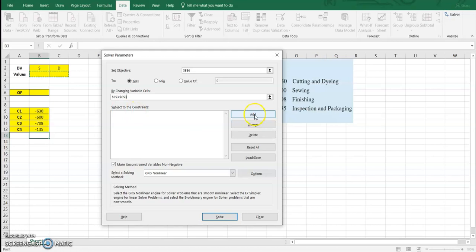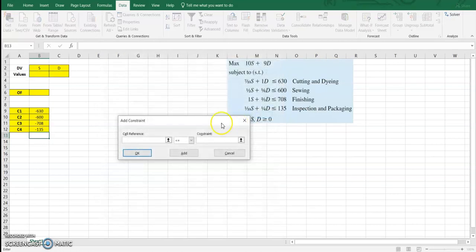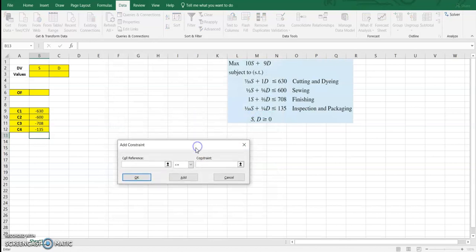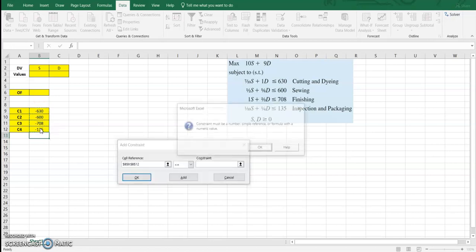Another one is asking you to introduce the constraints. So when you want to introduce the constraints, go for add. And what are the constraints that you have? The constraint cells, they are here. You can introduce all of them. Why can you do this?